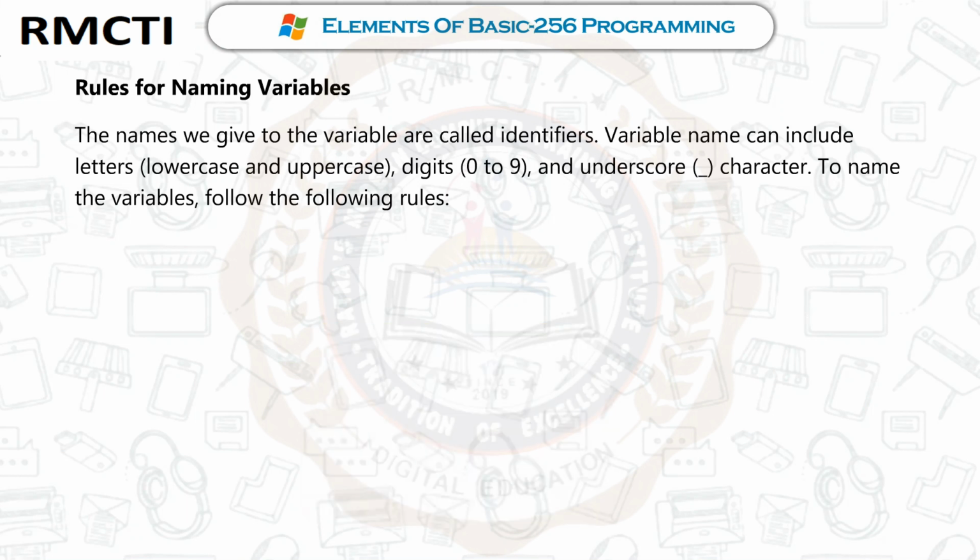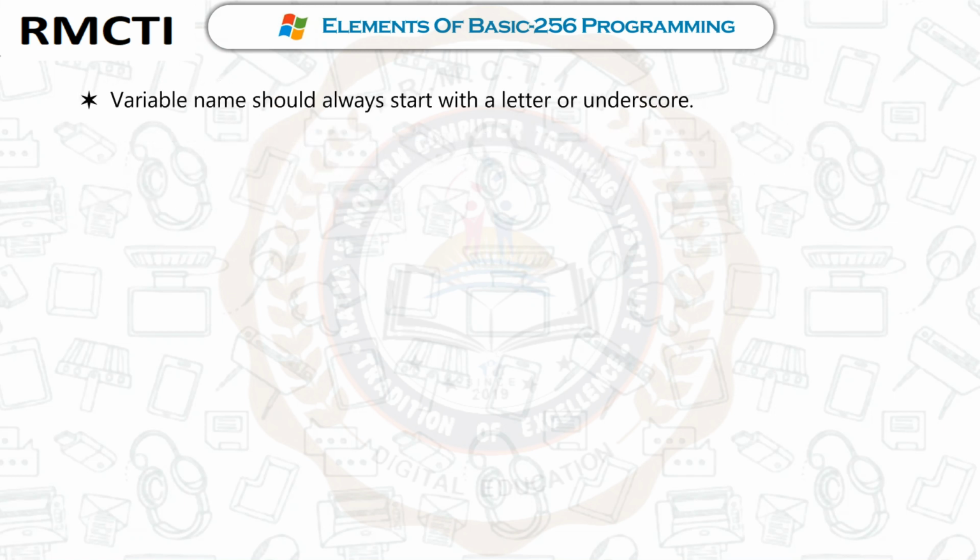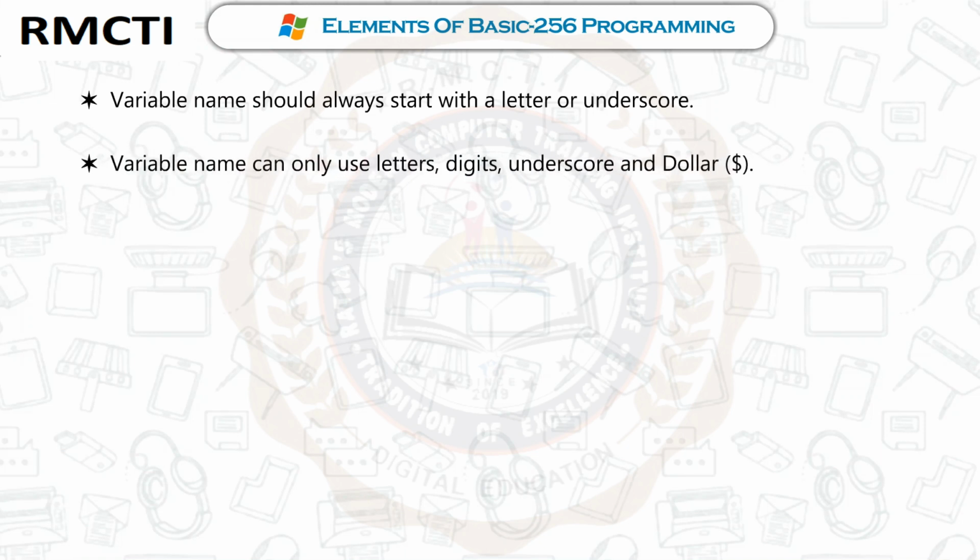The names we give to the variable are called identifiers. Variable name can include letters, lowercase and uppercase, digits, 0 to 9, and underscore character. To name the variables, follow the following rules. Variable name should always start with a letter or underscore. Variable name can only use letters, digits, underscore, and dollar.